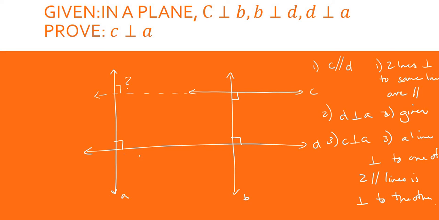So we have c perpendicular to A because c is perpendicular to B, D is parallel to A, therefore c must be perpendicular to A. I know it's a lot of confusion. We'll go over these a little bit more slowly together in class, but write them down, go back and look again, and make sure that you understand what we've done so far.